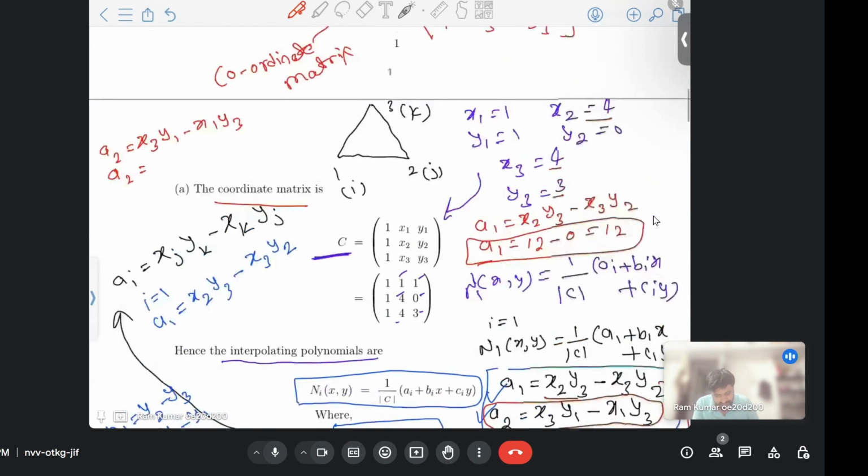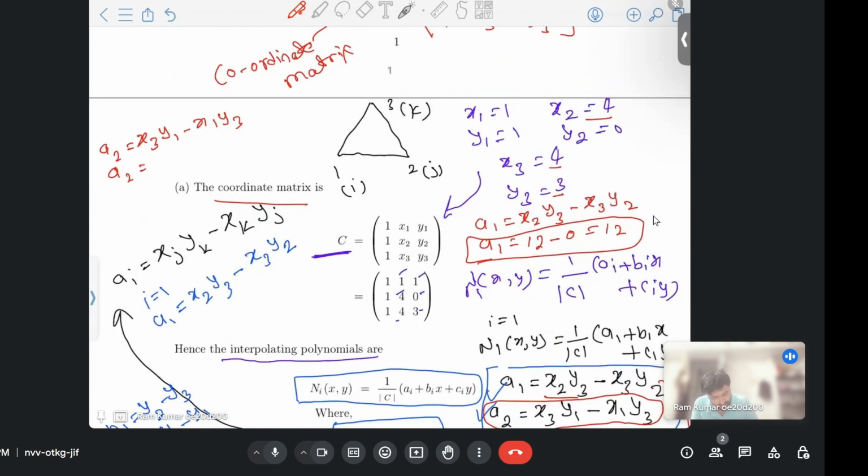What is our x3? X3 is 4, and y1 is 1, so it will be 4 only. Then x1 is 1 and y3 is 3, so it will be 3. So we got a2 equal to 1.